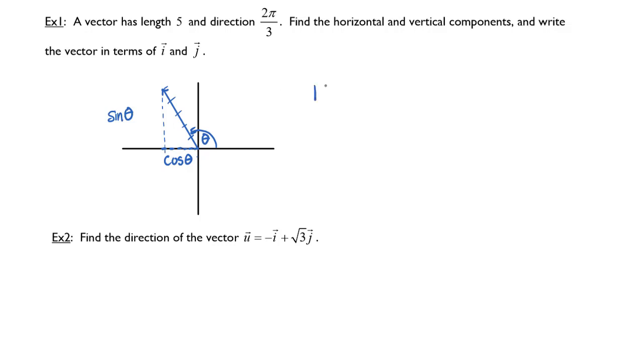If I know the magnitude of the vector is equal to 5, and I know that sine of theta is going to equal sine of 2 pi over 3, and cosine of theta will be cosine of 2 pi over 3, then from there, I can write the vector in terms of the unit vector i and unit vector j.